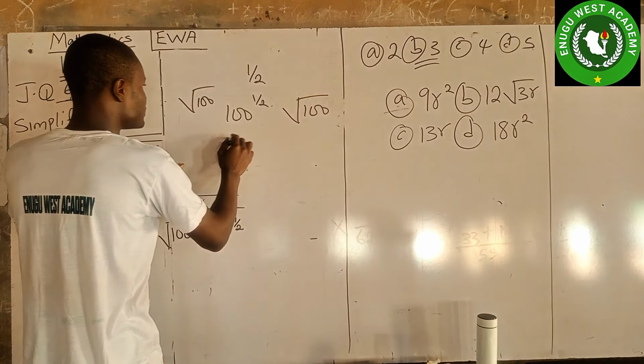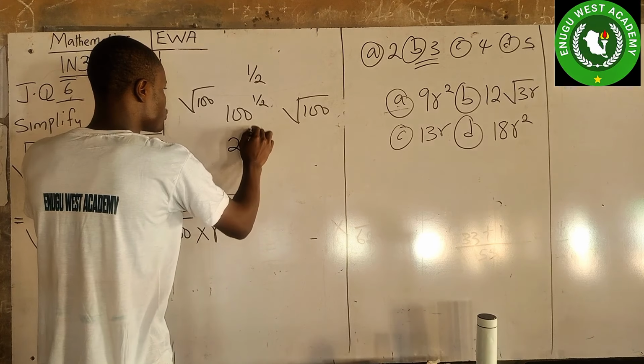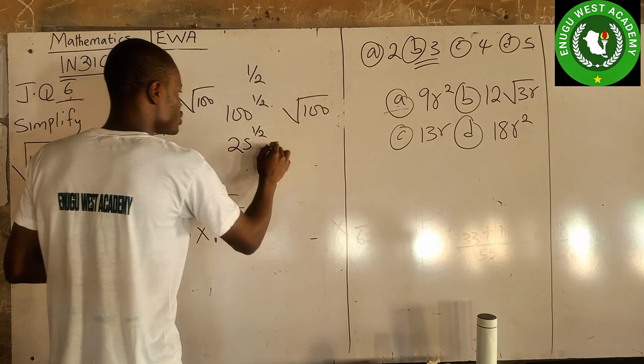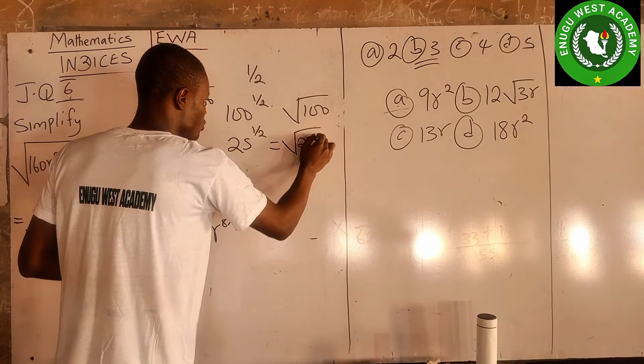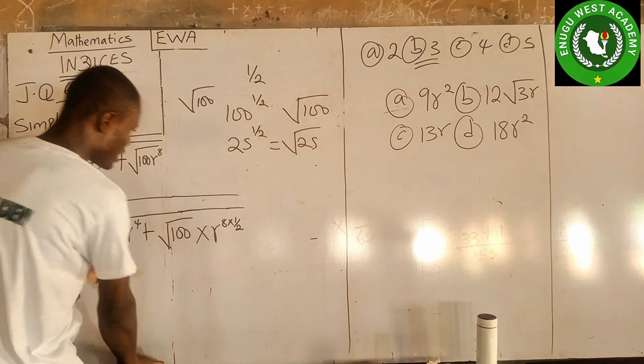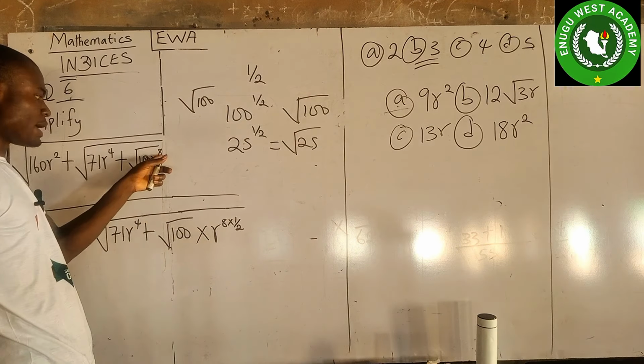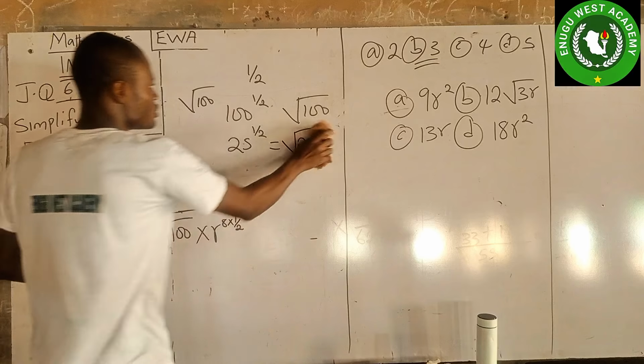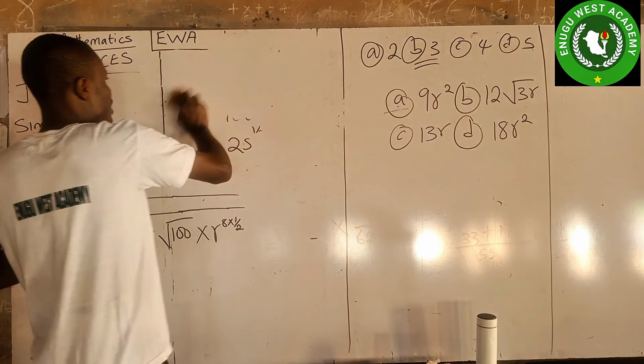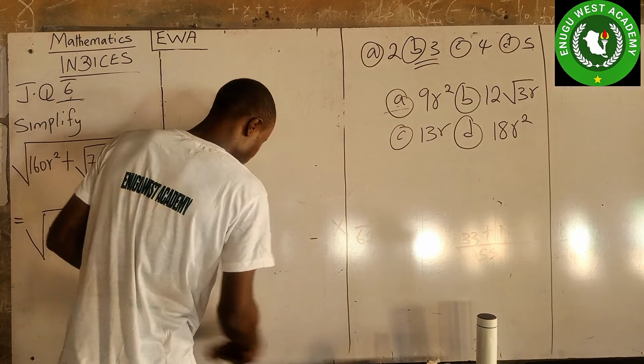If you have 25 raised to power 1 over 2, it means square root of 25. So that's why I'm having this r raised to power 8 times 1 over 2. So that is the r raised to power 8 for square root.